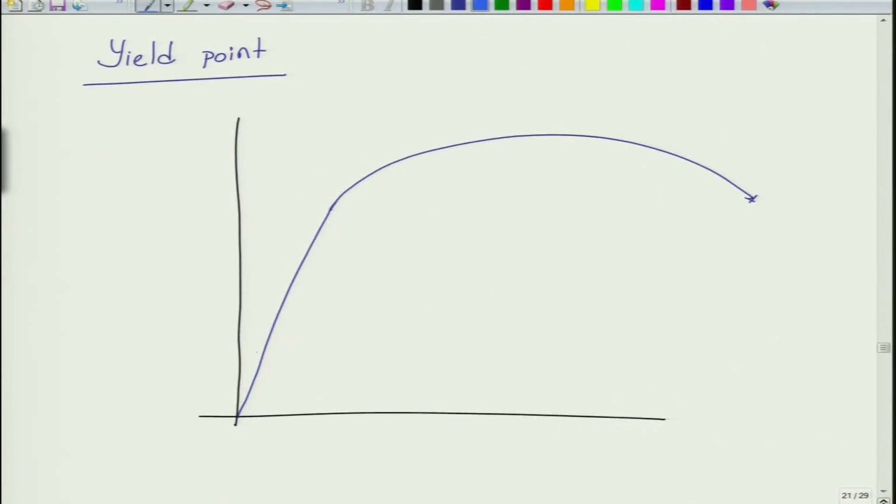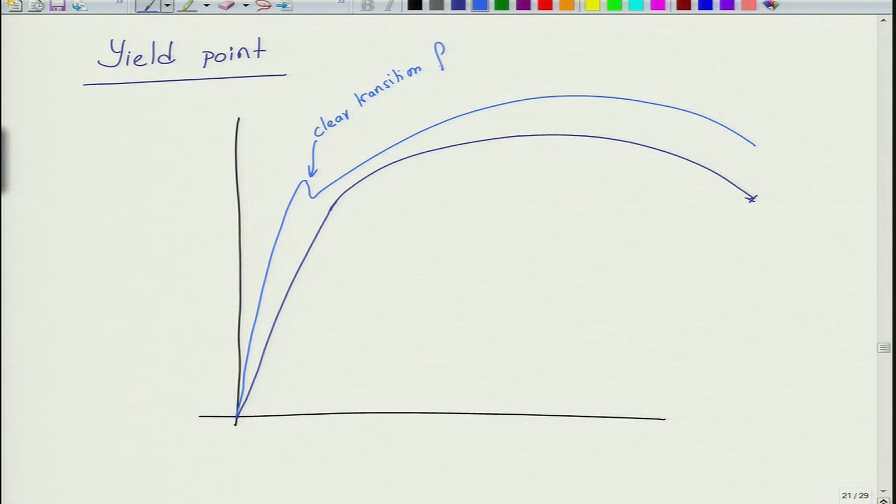In certain materials you may obtain a behavior like this, let us say. So, this is a clear transition, okay. But here we do not have a clear transition. So, this is sigma E versus e.